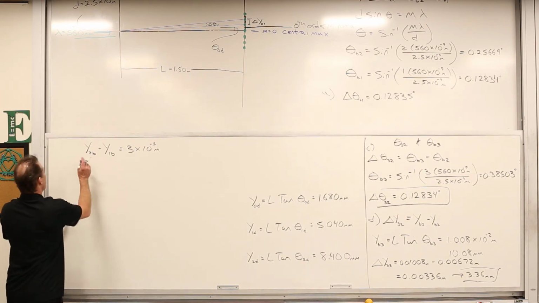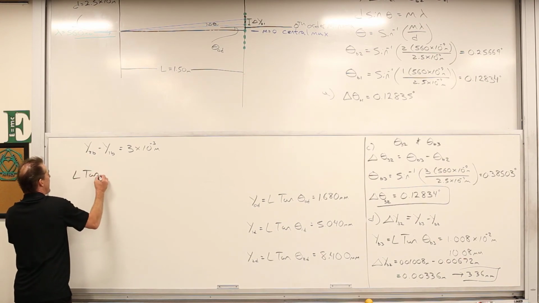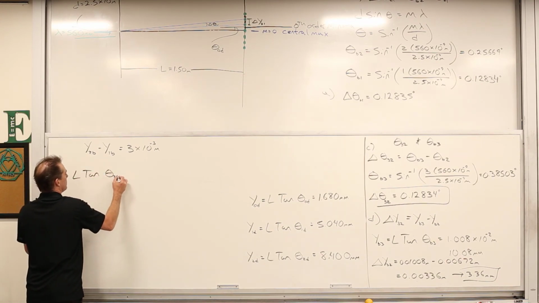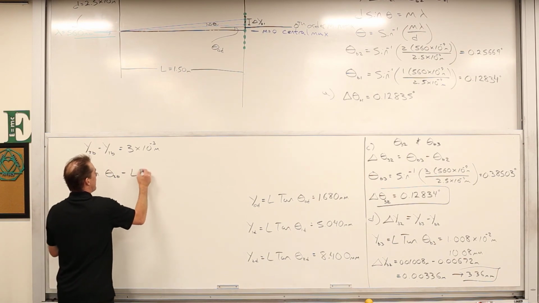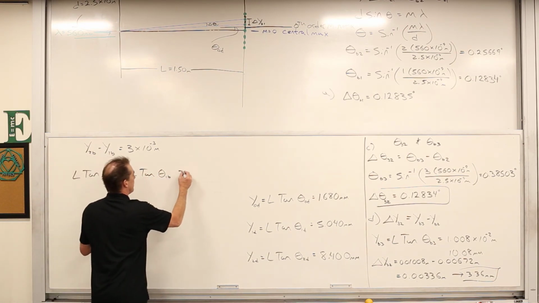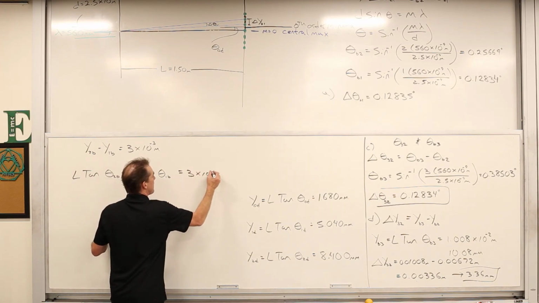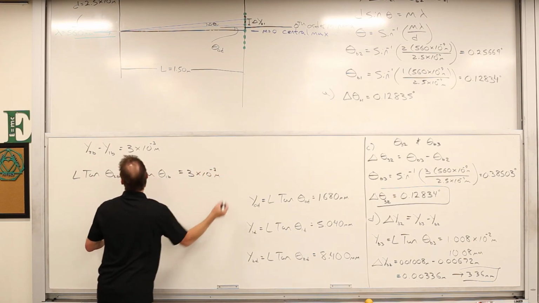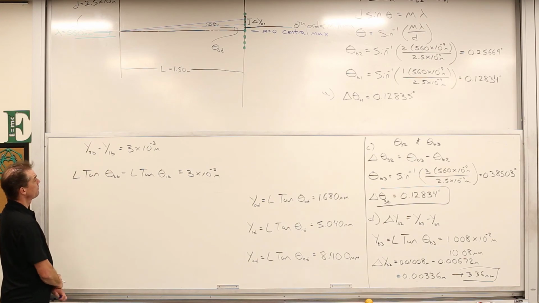What's y2 bright minus y1 bright? This is going to be L times the tangent of theta 2 bright minus L times the tangent of theta 1 bright. We're saying that that has to be equal to 3 times 10 to the negative 3 meters. All right, so what do we get out of this?